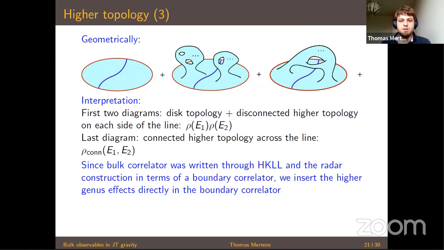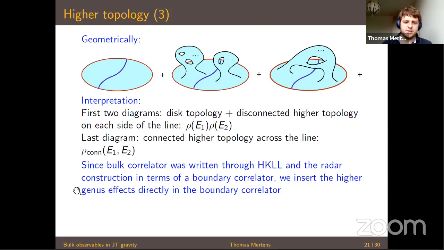Since the bulk correlator was written through the HKLL description and the radar construction in terms of a boundary correlator, the proposal we make here is that we just insert these higher genus effects directly in the boundary correlator and then go into the bulk using the same HKLL radar construction. This is a proposal, but it nicely gives you the physics you expect, and it has the correct limits as well. Of course, there might be other definitions of what to do with higher topology for bulk correlators, but it is a highly non-trivial problem.